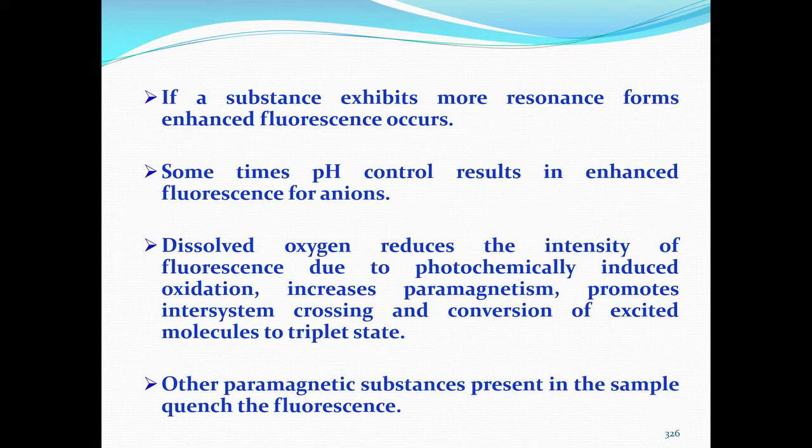So, if a substance exhibits more resonance forms, it is very simple. Basically, whenever there is a resonance, we expect the molecules to stay in different forms which are in resonance with each other.